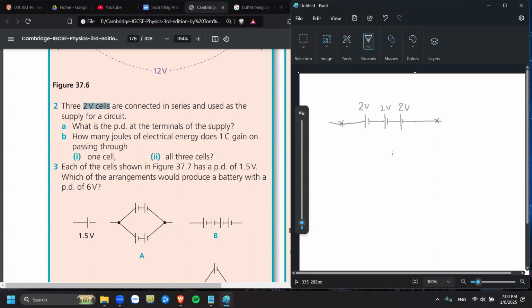Okay, but if they are in parallel, how many volts in total? If they are 2 volts each in parallel, what is the potential difference at these 2 points?